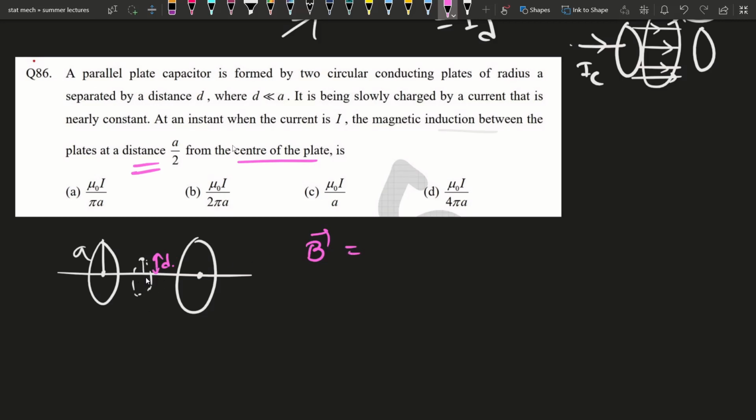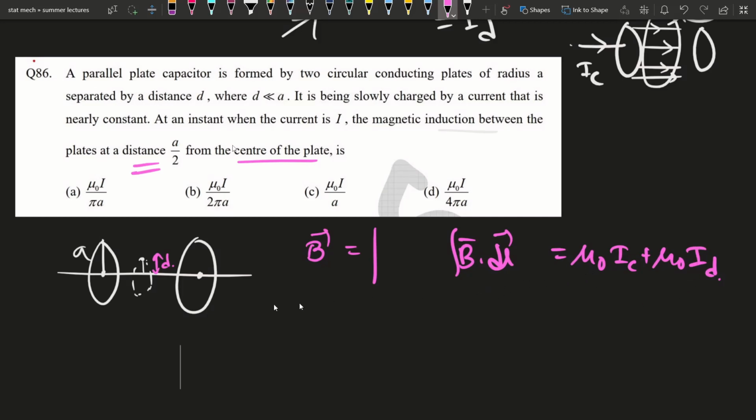For that we have to use the relation B dot dl equals mu naught IC plus mu naught ID, which we have discussed before.